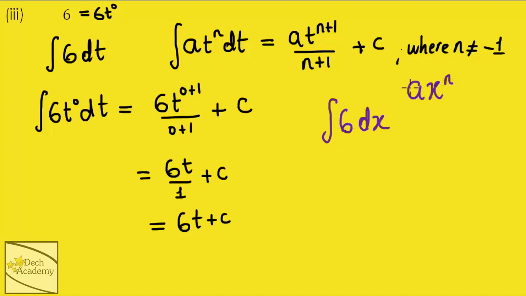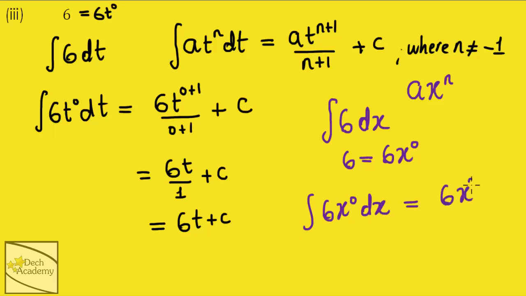I can rewrite 6 in this form because 6 is the same thing as 6 times x to the 0. x to the 0 is 1. So you integrate 6x to the 0 with respect to x. And that gives 6x to the 0 plus 1 divided by 0 plus 1 plus your arbitrary constant, which is equal to 6x plus c.